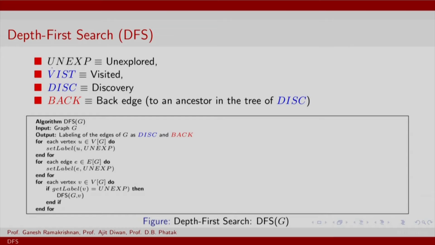By default every node is unexplored, and in fact every edge is also unexplored. So that is the initialization. Every node and every edge is labeled as unexplored, and then for each connected component in the graph you find a vertex and perform a DFS.